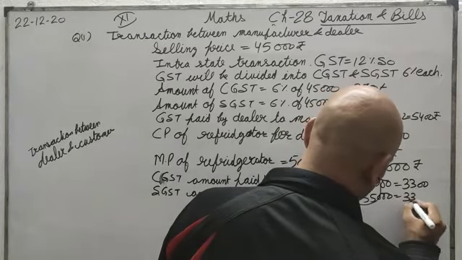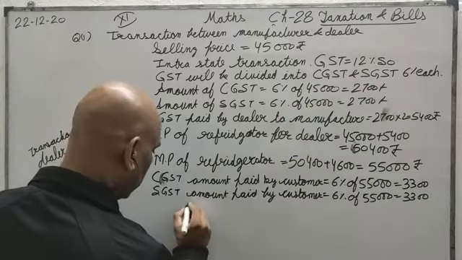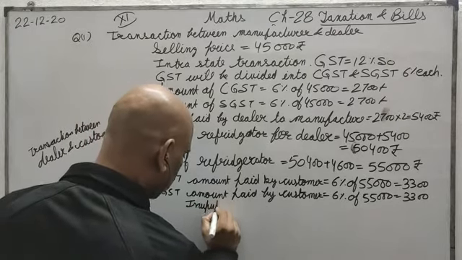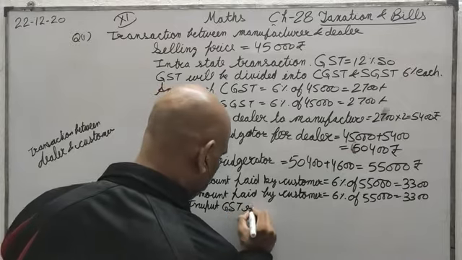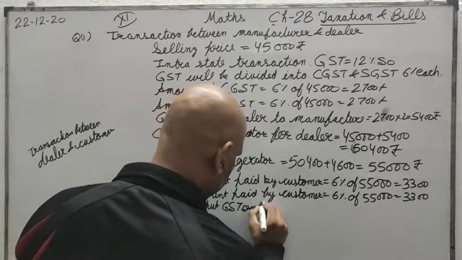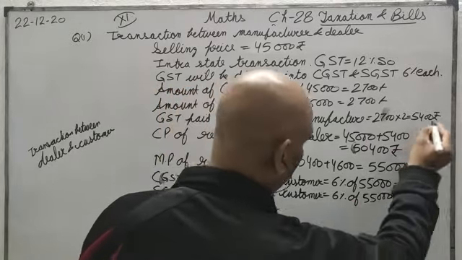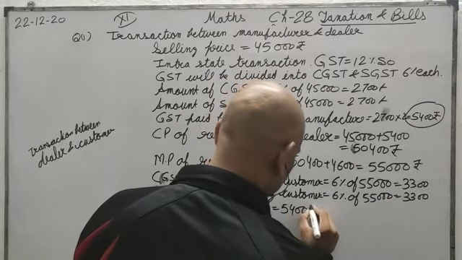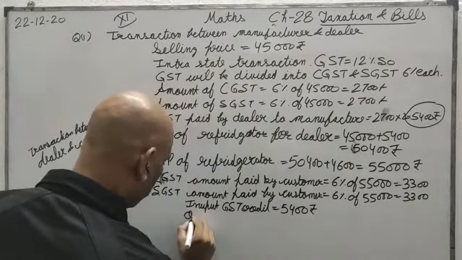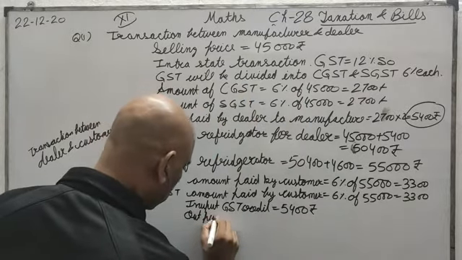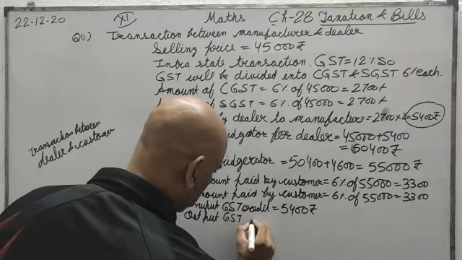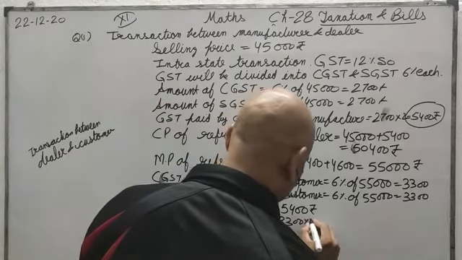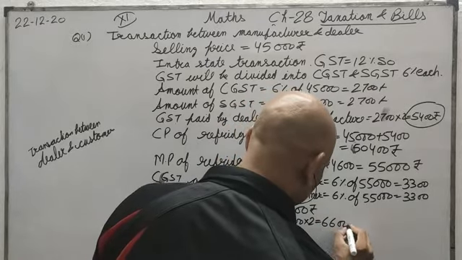So you can say the input GST credit is the amount 5,400 he has paid on the purchase, and the output GST is the amount which the customer has paid, which he has received on sales, that is 6,600.